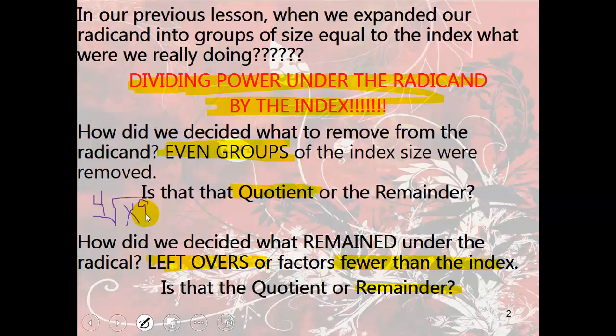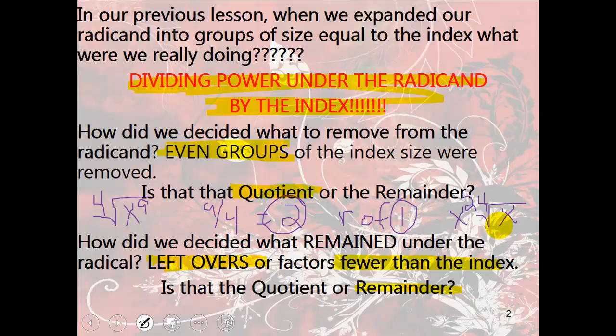Or I could go 9 divided by 4 is equal to 2 with a remainder of 1. So this is the number that I bring out in front, so that would be x squared. And then the 1 is the number that stays under. So that would be x squared times the fourth root of x, okay?